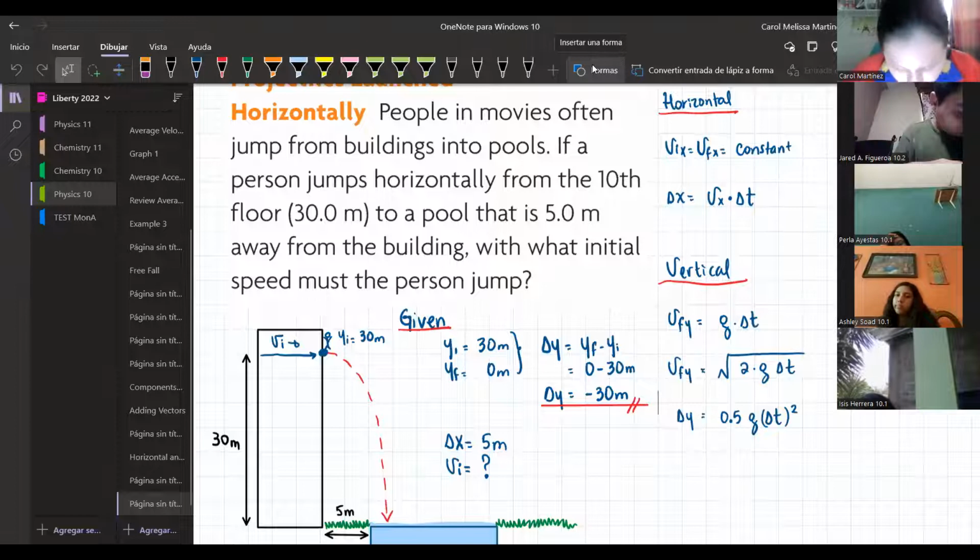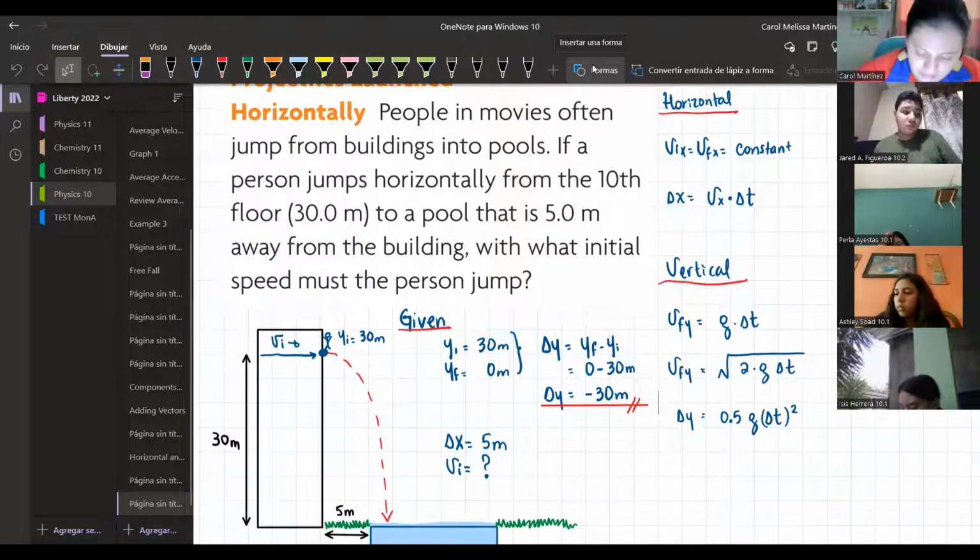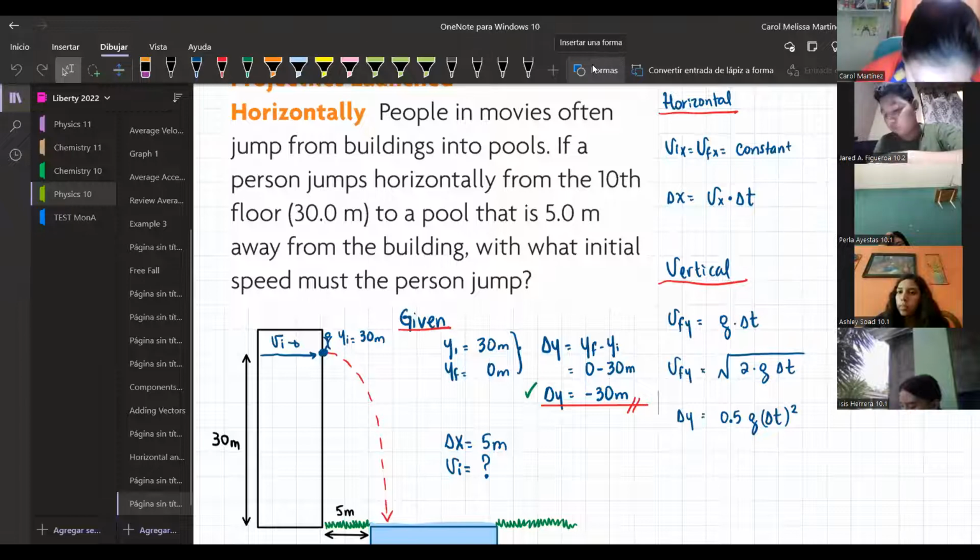Okay, so as you see, I didn't give you any formula for time, but we can isolate time according to the information that we have. According to the information I have, I get delta y, I get delta x, okay?